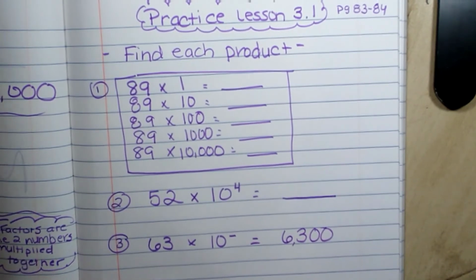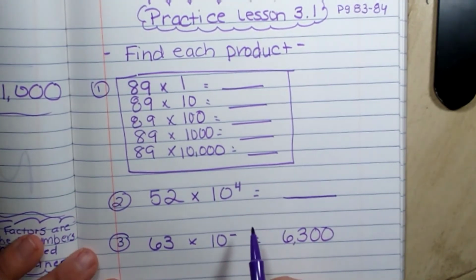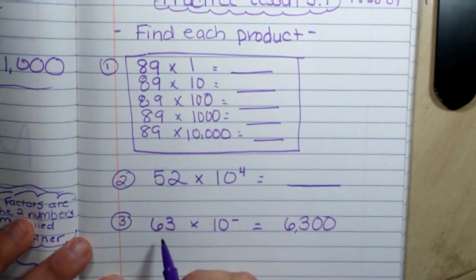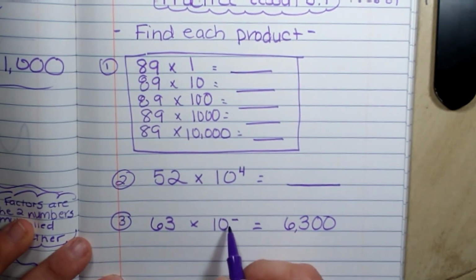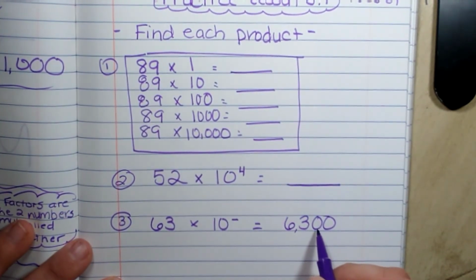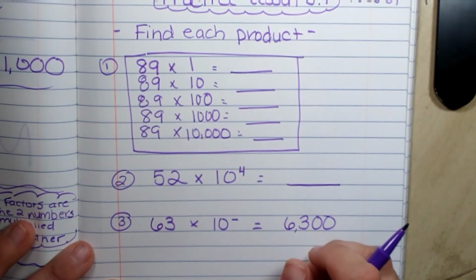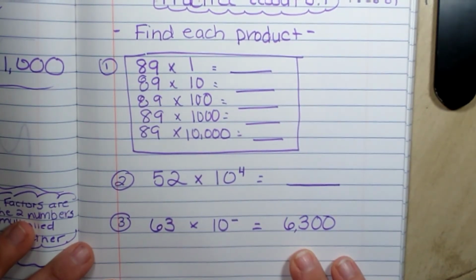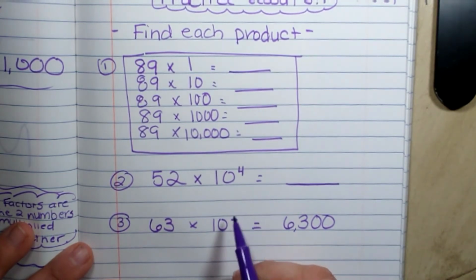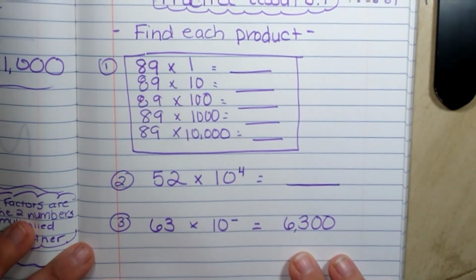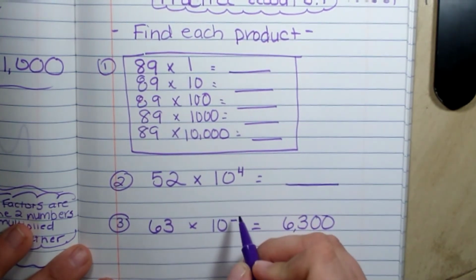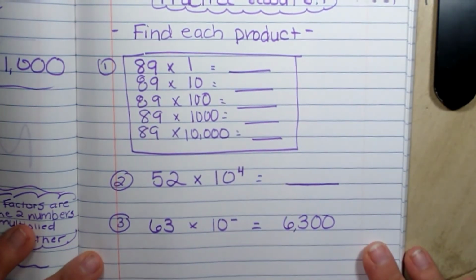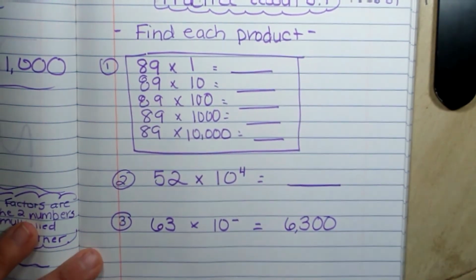Okay, here is my example for this, or I'm going to give you an explanation for you to be able to answer this. 63 times what is 6,300? If you say it's 10, then you put a 1 here. If you say it's 100, you put a 2 here because it has 2 zeros. If you think it's 1,000, you put a 3 here because it's 3 zeros.